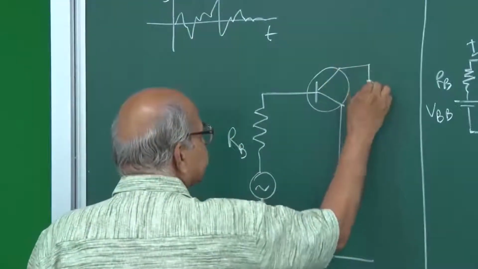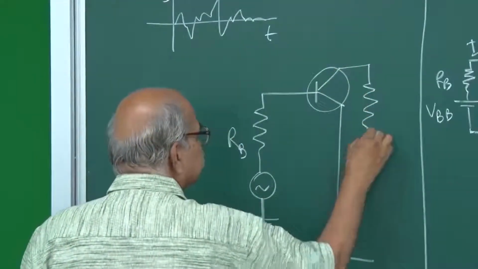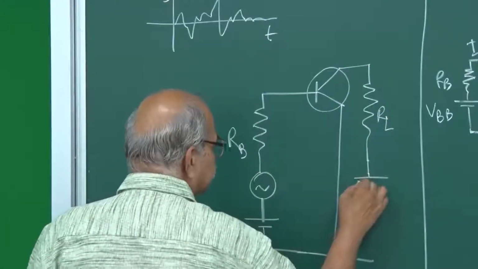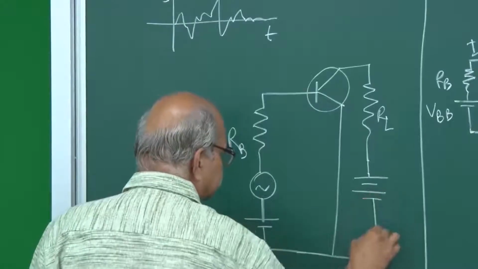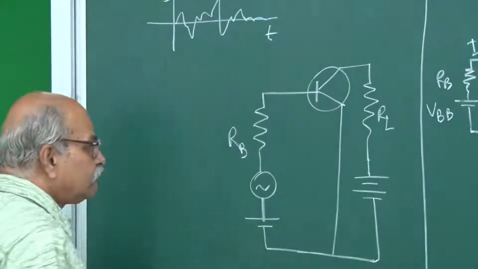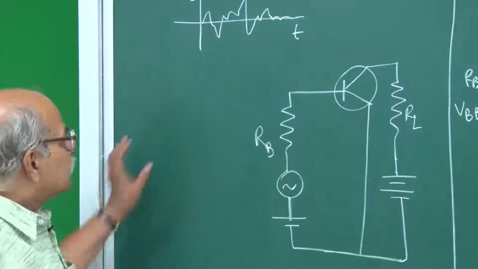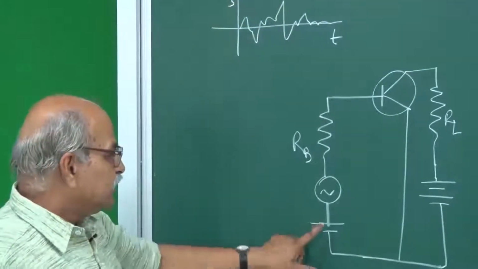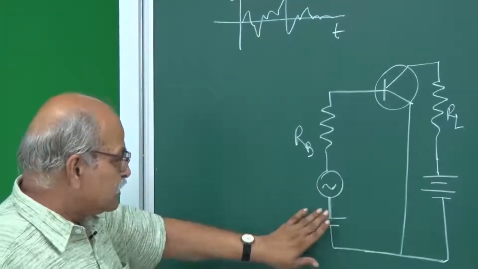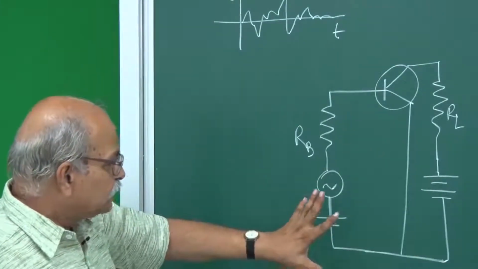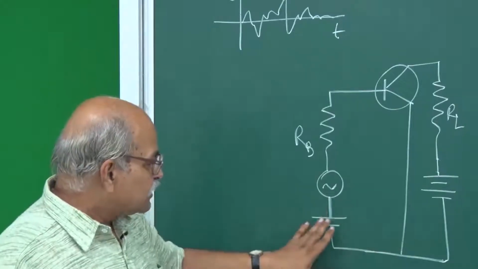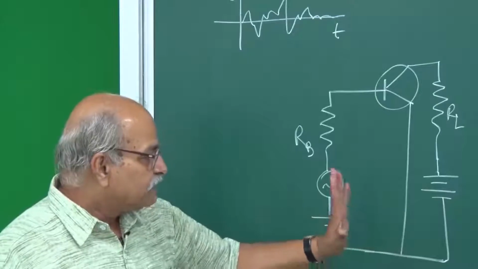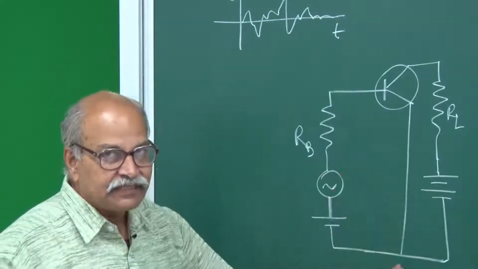And this side is the same. This signal is supposed to be small. This biasing voltage is there, and you have chosen this biasing voltage here and here in such a way that you are well in the active region.